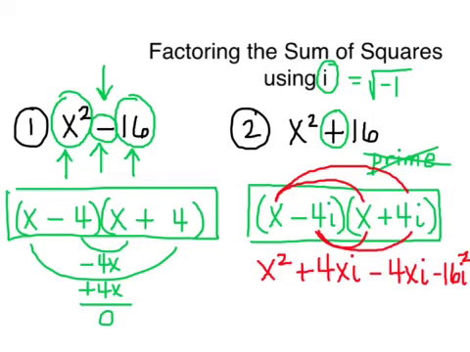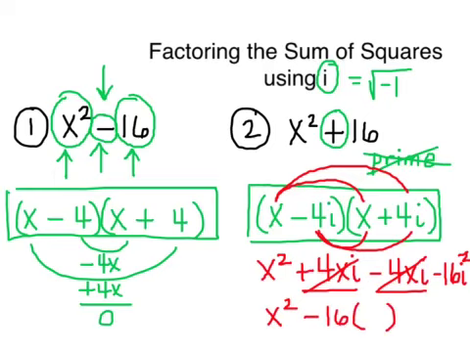Now, if we take this to another step of simplification, the middle two terms are exactly the same except for the sign, and so they cancel each other out and make a 0. Because of that, we can just cross them off, and we end up with x squared minus 16i squared.